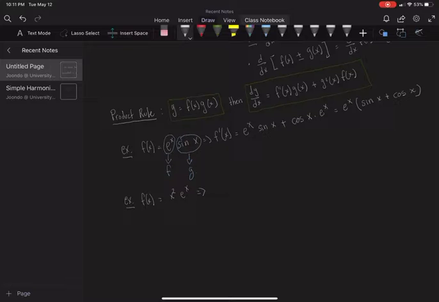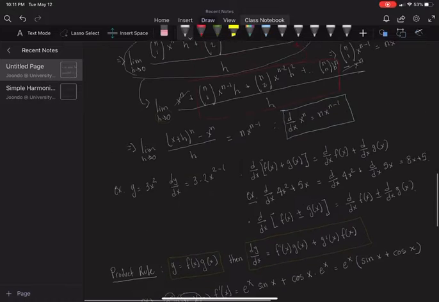If you take the derivative of this, f prime of x, it's 2x e to the x, plus, here this is f, this is g, so the derivative of g is e to the x times x squared. So really, this is the same thing as saying e to the x times (2x plus x squared). Alright?